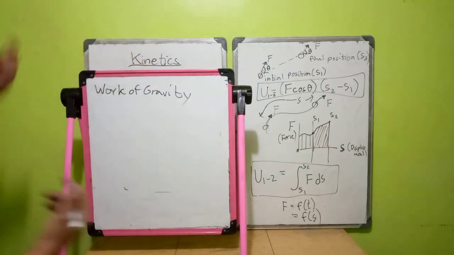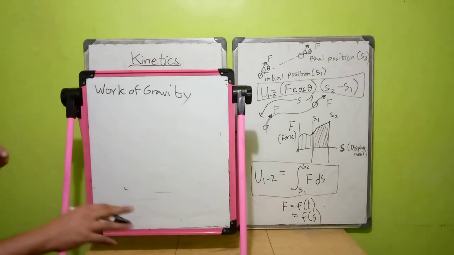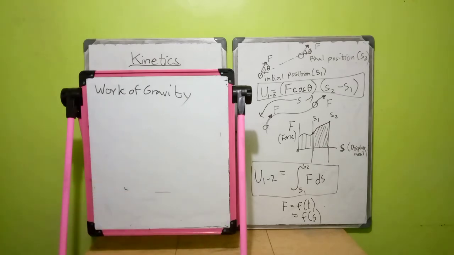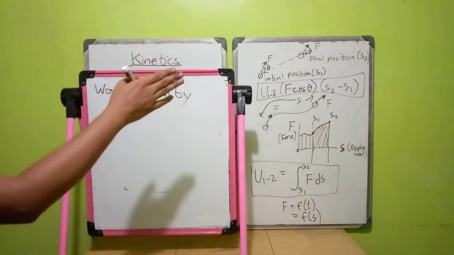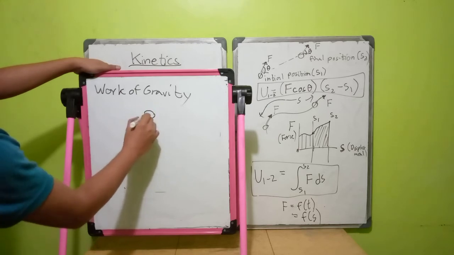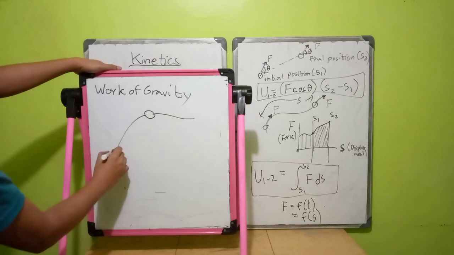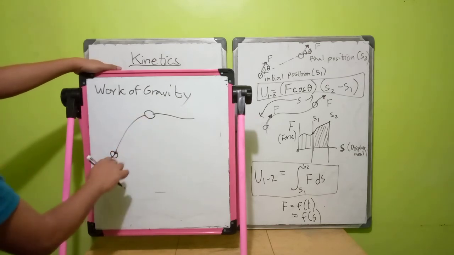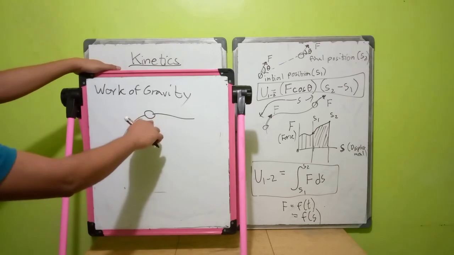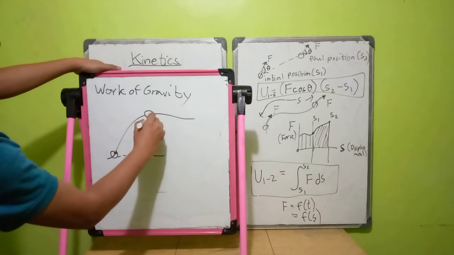Unlike those previous three, which we based relative to the horizontal, there is also a chance for this, which is gravity. Let us say your particle is moving from this position to that position, so there is actually a work that happens.